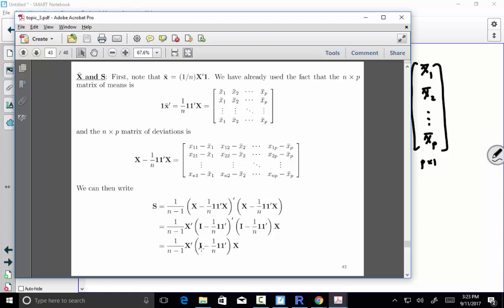This capital I is the identity matrix, and these ones are vectors of ones, like we just used with X bar. So here again, you could go cell by cell and compute the sample variances and covariances in a brute force manner, or you could compute this with one line of code and get them all simultaneously, and it'll be much faster.